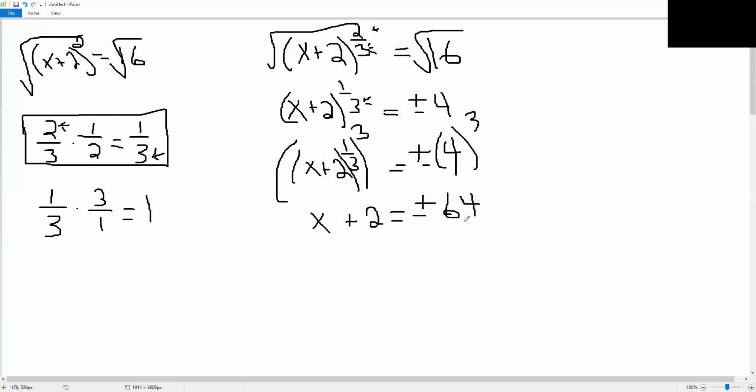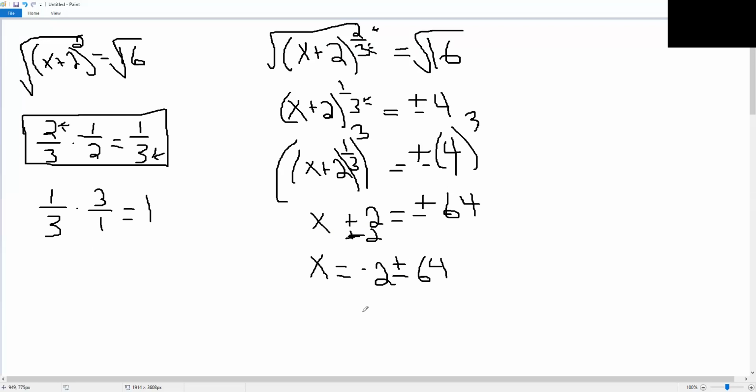Okay. So, and then to solve for this guy, you would say that x equals -2 plus or minus 64.